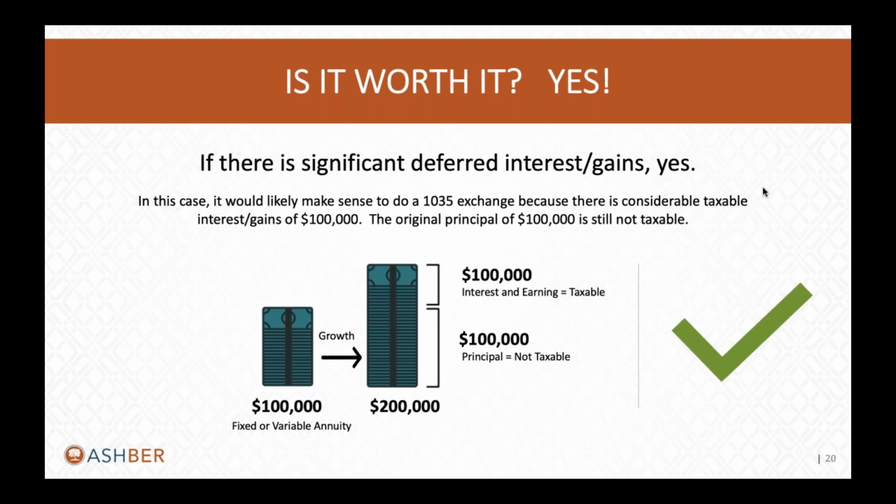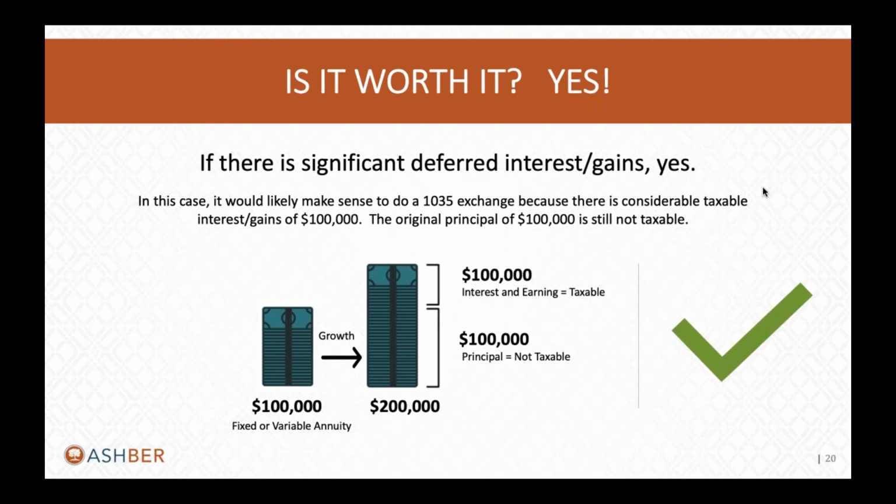So if we look at this example where a client purchased the existing annuity for $100,000 and it has now grown to $200,000, we're looking at $100,000 of taxable gain here.